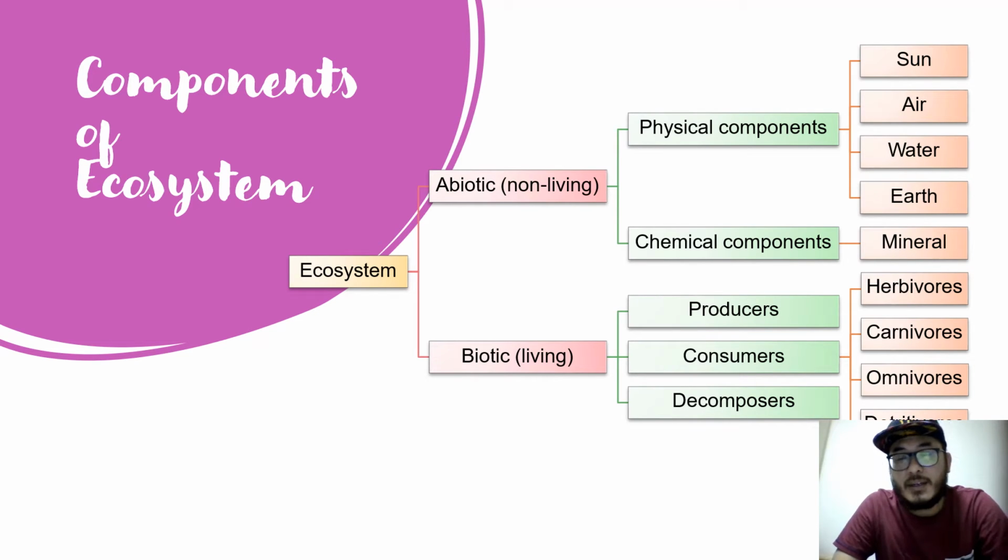It can be rotten things, making it become more fertilized. All right. For example, worms eat all other things inside the earth, and then they excrete the minerals for plants to absorb. So that's why decomposers are also important in the ecosystem.